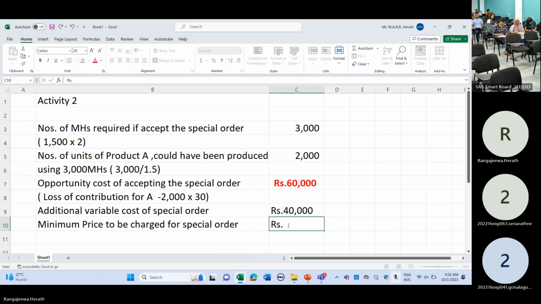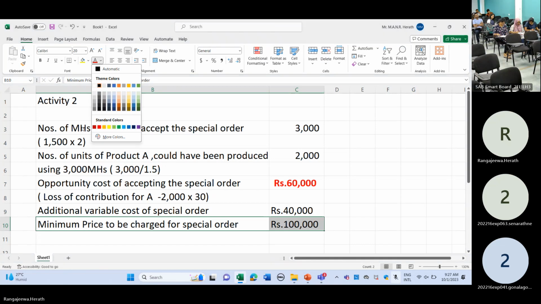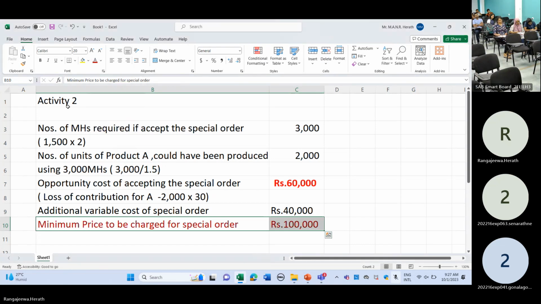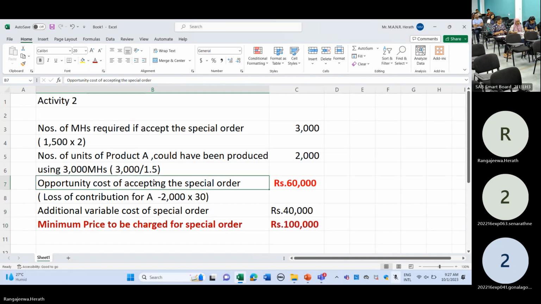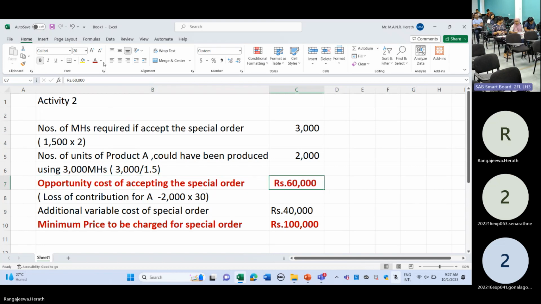The answer for part A is 60,000. The minimum price to be charged should cover the full cost, the break even, right?